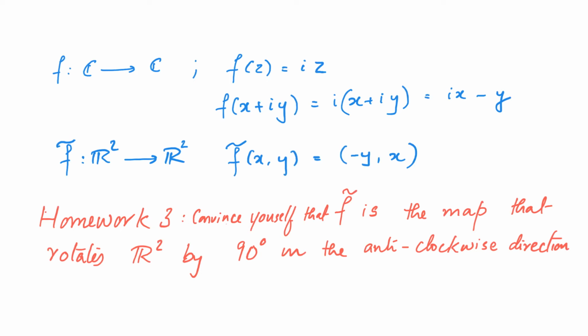So now you work a little bit more and convince yourself that this function f tilde is the map that rotates R2 by 90 degrees in the anti-clockwise direction.